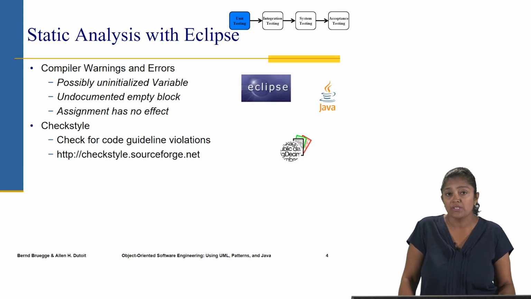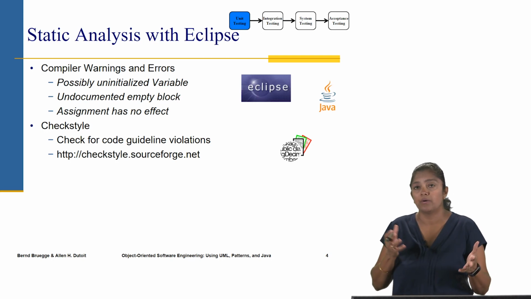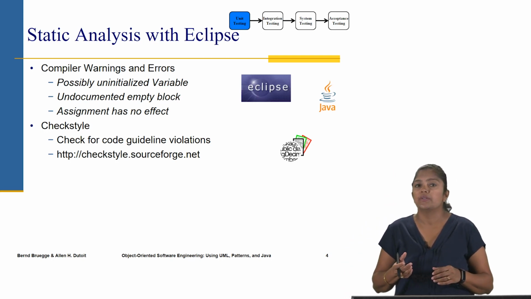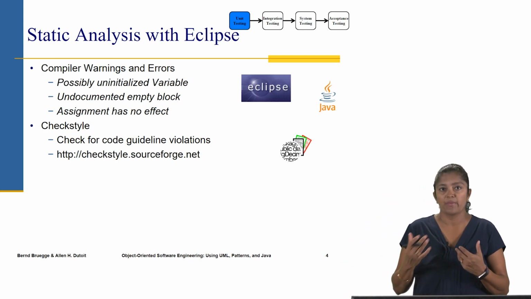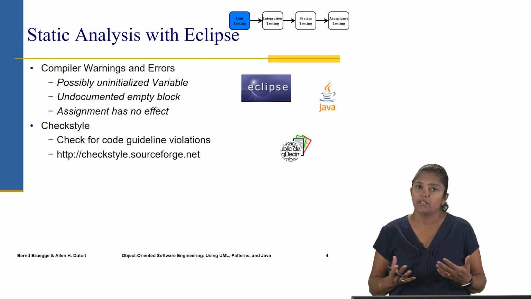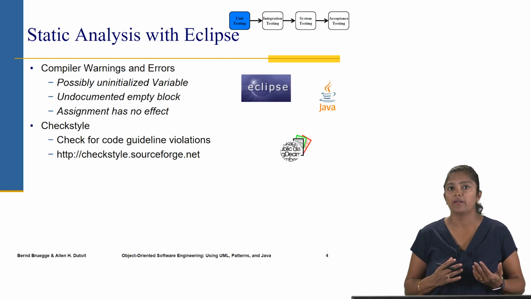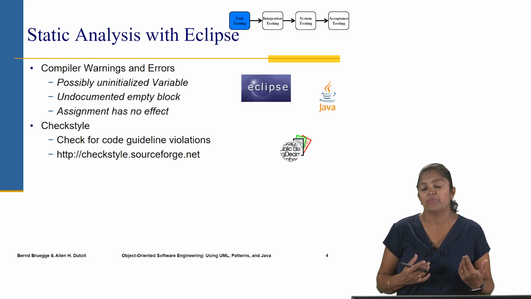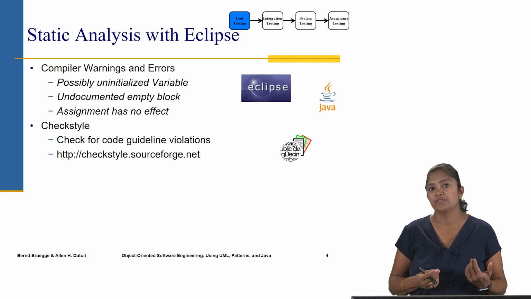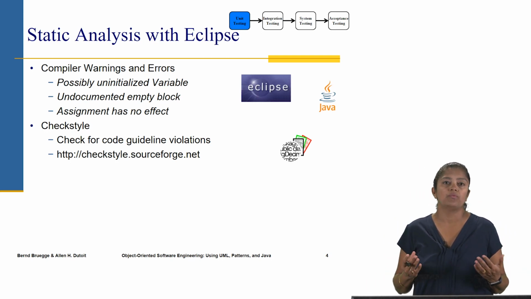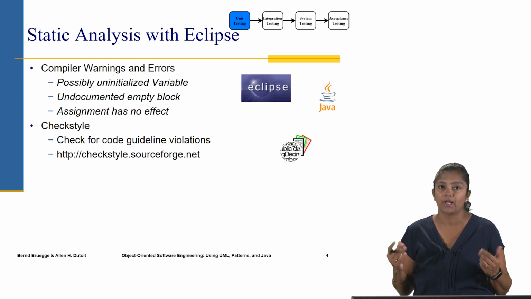Some of the other tools, CheckStyle is a tool that helps with code guideline violations. So there is a way to customize the tool and set the guidelines up front, and then it looks for any code guideline violations. So some of the things could be, what should your tab space look like? What should your indentation look like?